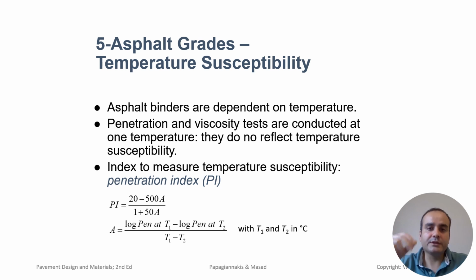At high temperatures, asphalt binders tend to behave more like viscous liquids, meaning they flow more easily and become softer. This can lead to rutting or permanent deformation in the pavement.